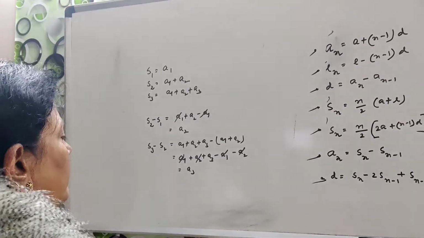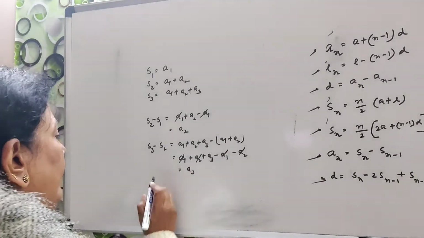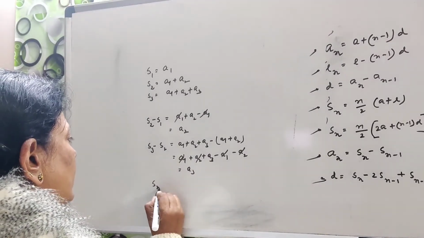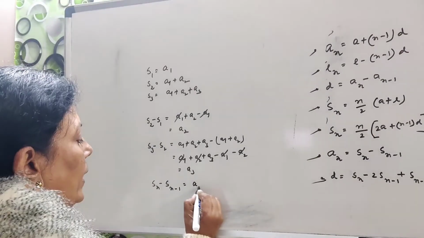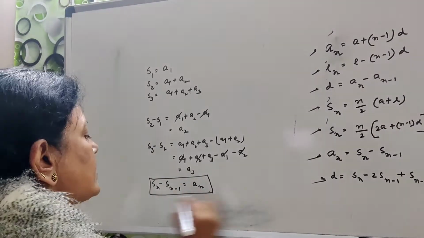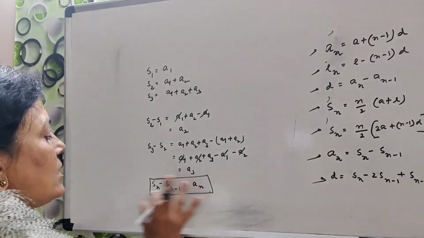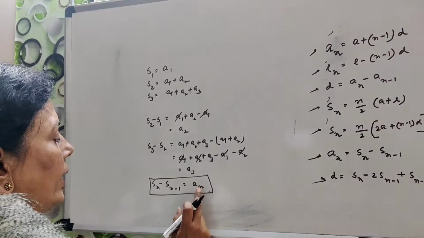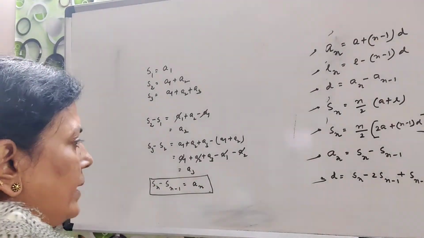Similarly, we get the general formula of An: Sn minus Sn minus 1 is equal to An. This means the nth term can be found with the help of summation using An is equal to Sn minus Sn minus 1.